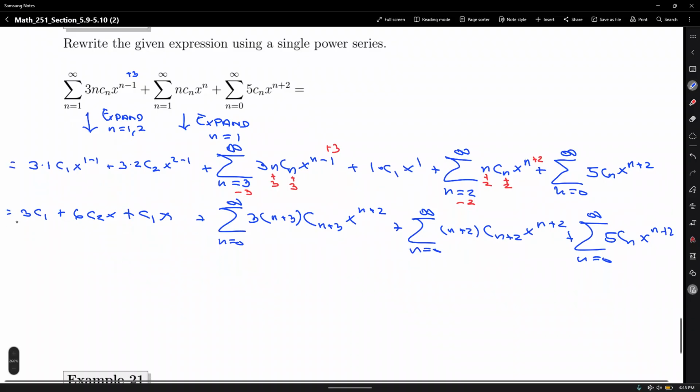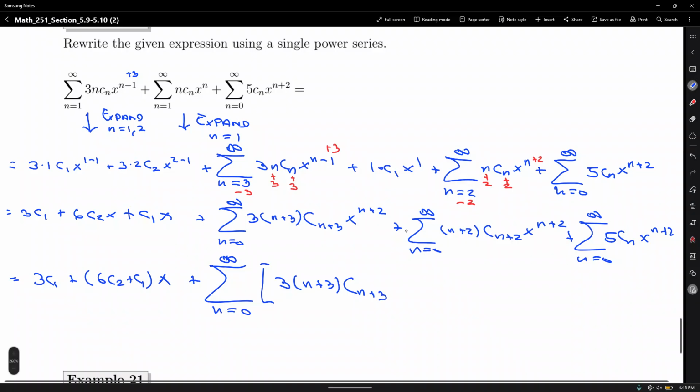This is equal to 3 c1 plus 6 c2 plus c1 times x, plus one single series, n equals 0 to infinity, bracket 3 times n plus 3 c sub n plus 3, plus n plus 2 c sub n plus 2, plus 5 c sub n, and everything times x to the n plus 2.